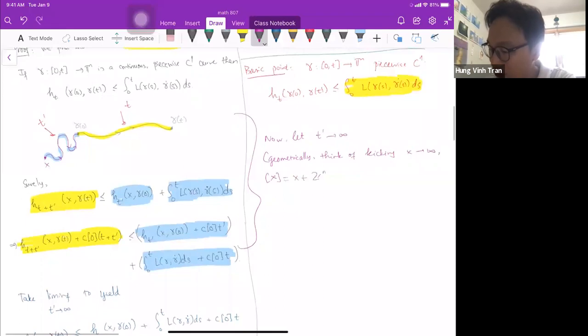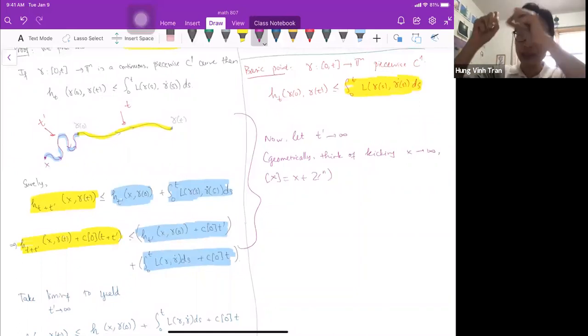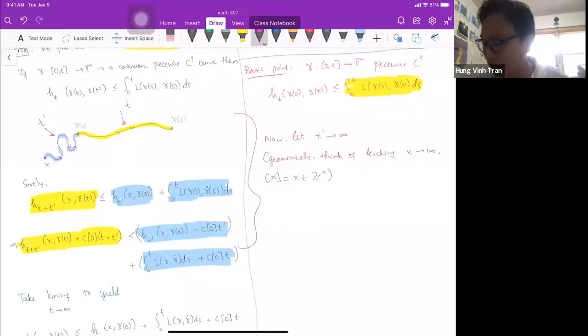So I'm thinking of kicking the point x to infinity because it's in the periodic domain. When I kick x to infinity, the travel time gets larger and larger, and then I essentially have the same effect as t prime going to infinity. So that's a geometric way to think about it. In this picture, you can see that I'm letting it go to infinity.